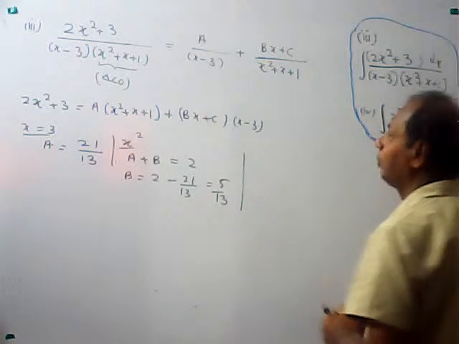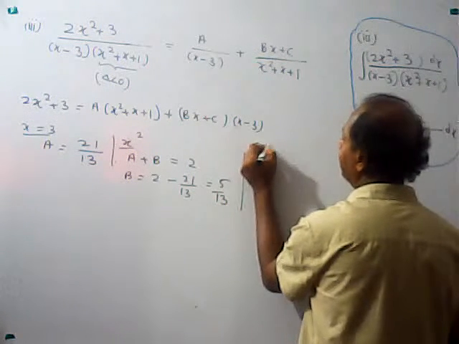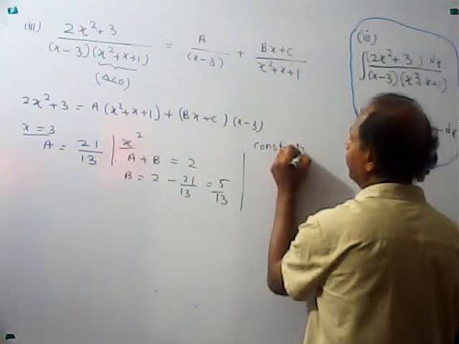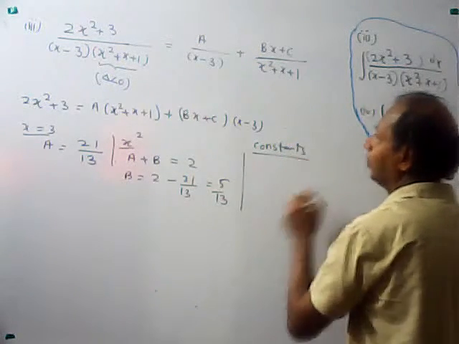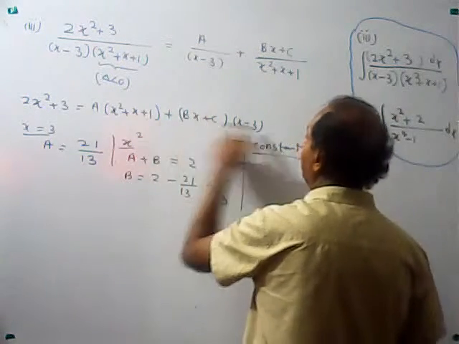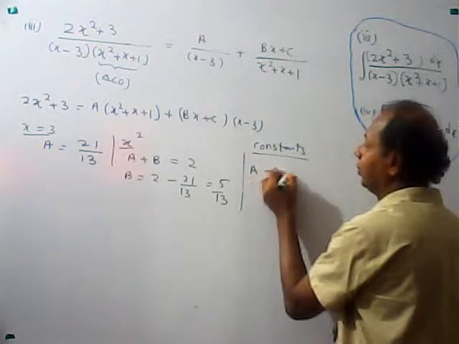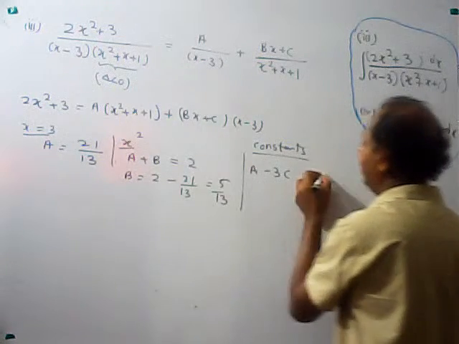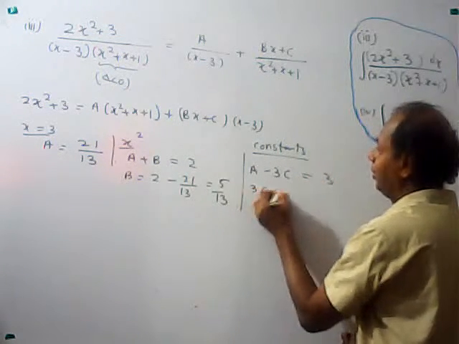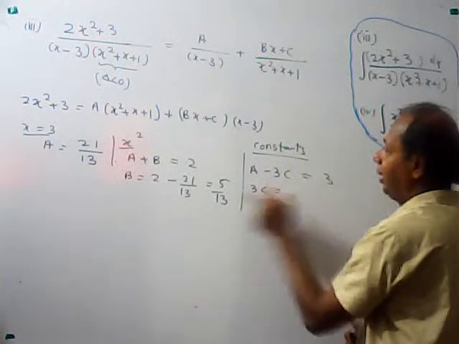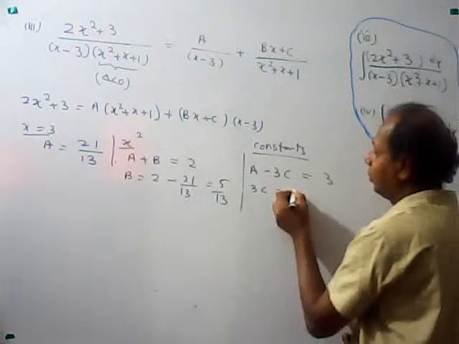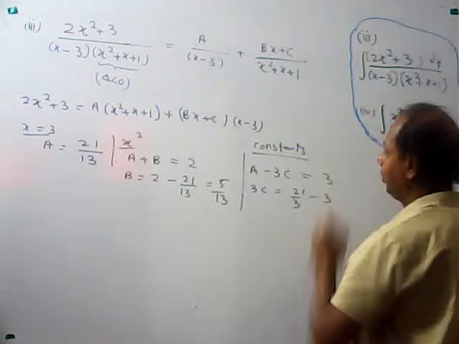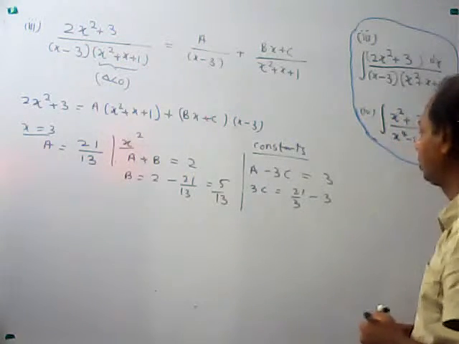Yeah, then we can go to constants. Constants give A minus 3C equals 3. So 3C equals A minus 3. A is 21 over 13 minus 3. You can divide everything by 3.